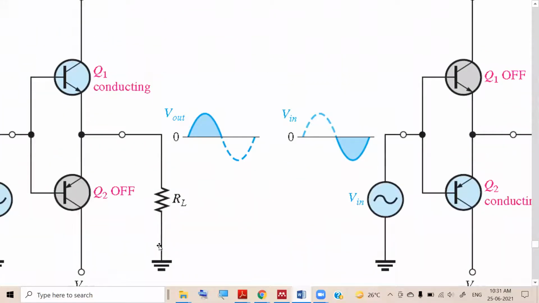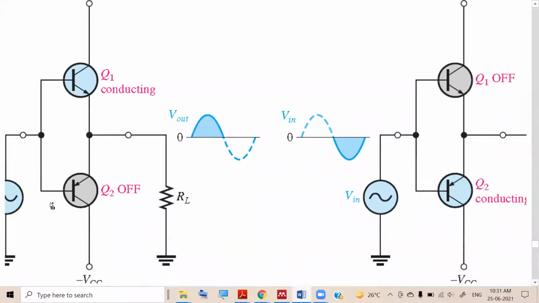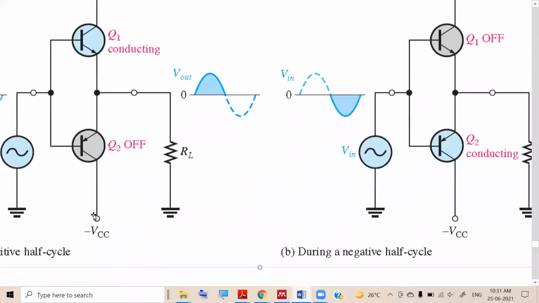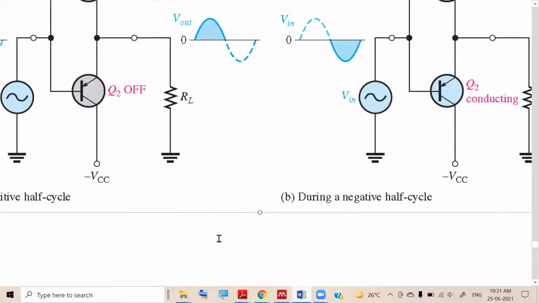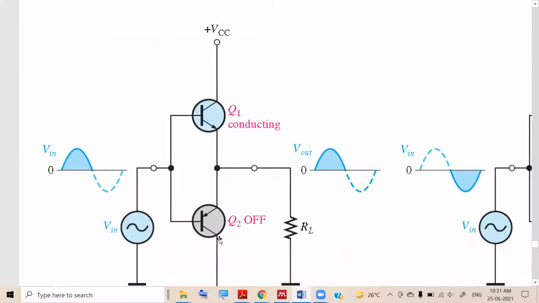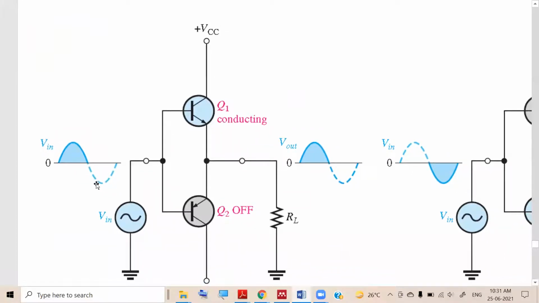When we consider the input as the positive half cycle, right? See, the positive half cycle is shown in blue color, and the negative half cycle is missing, which means we are considering only the positive half cycle.